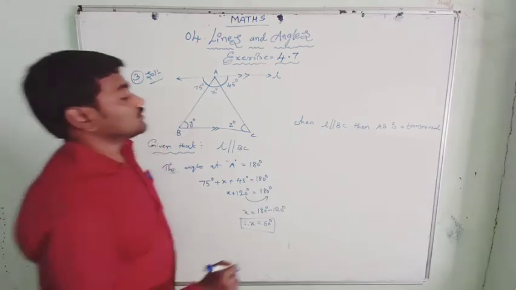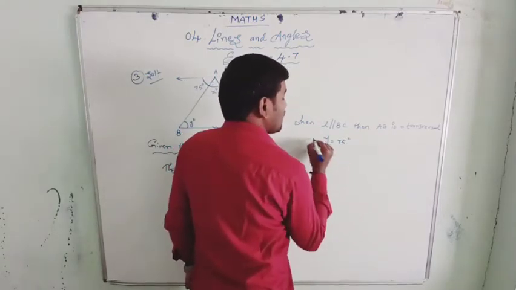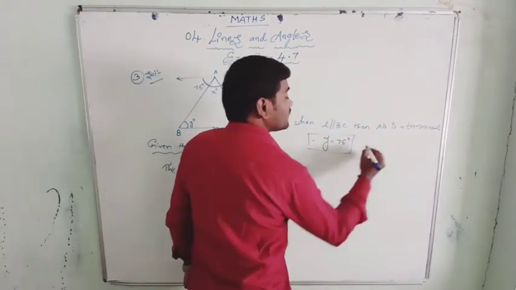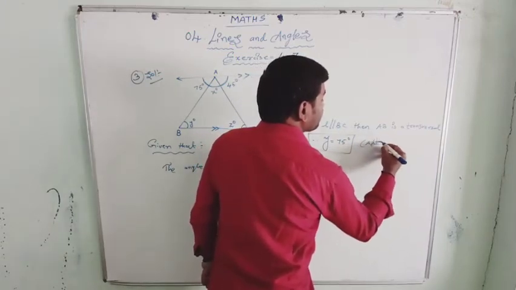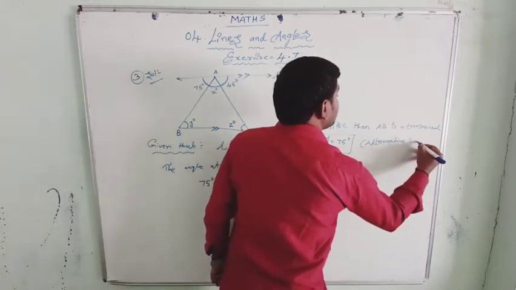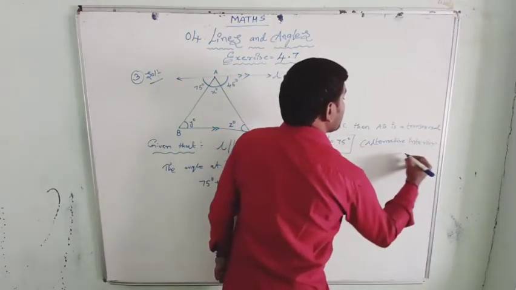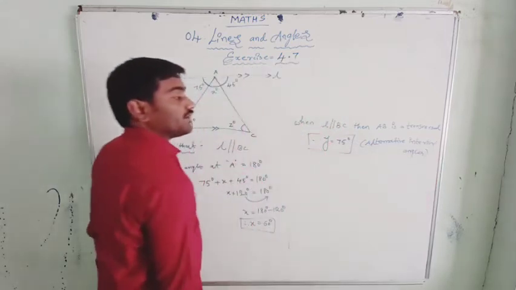So angle y equal to 75 degrees. Have you got this, angle y equal to 75 degrees? They are alternate interior angles.